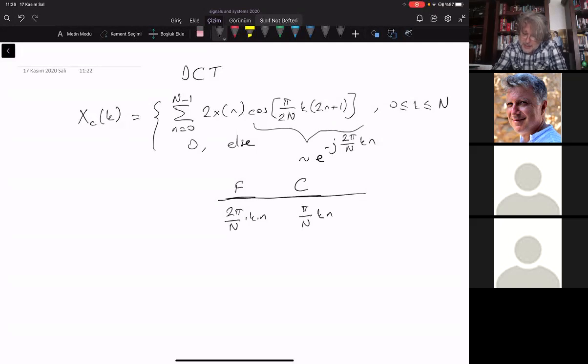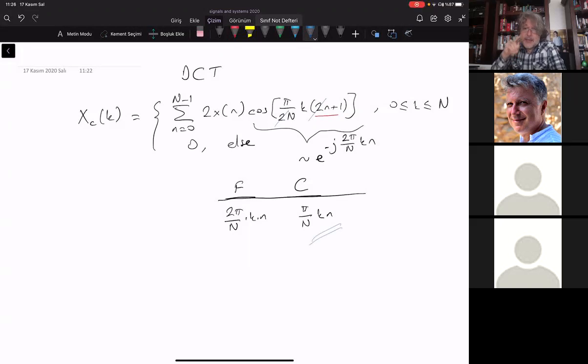Because as you see, there is a 2n plus 1 here. Sorry. If you don't think of this plus 1, just ignore it. It's like this 2 here and this 2 here can be cancelled. Consider it as pi k 2n over 2 capital N. Those 2's will cancel, and this is what you will have.